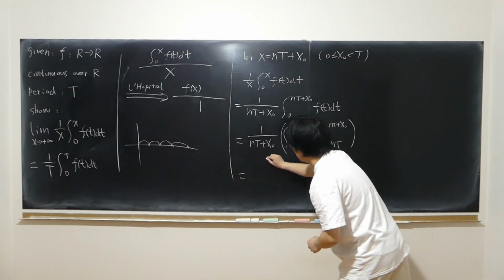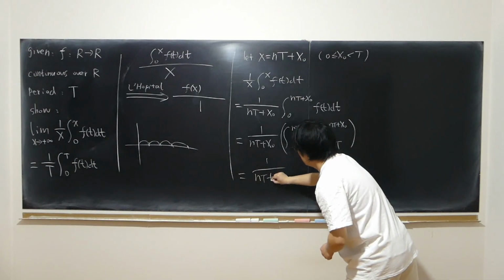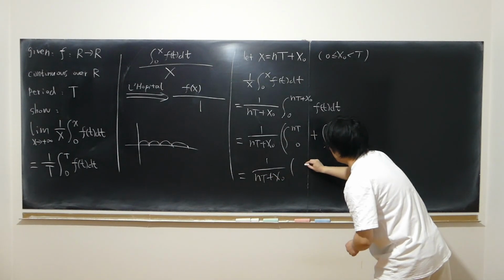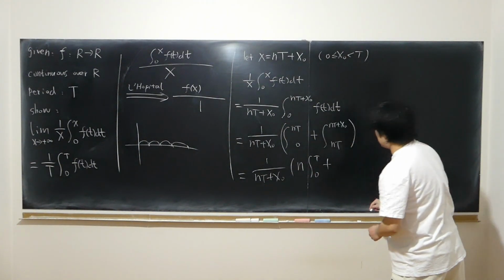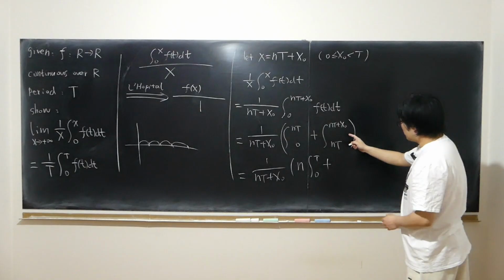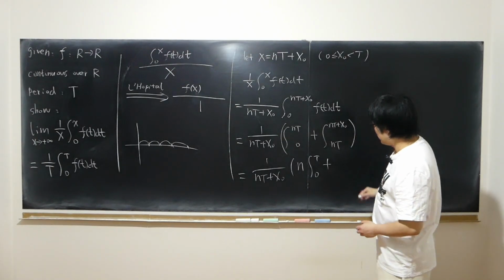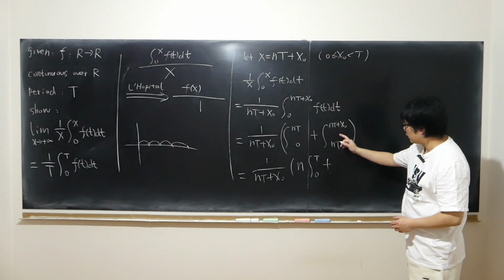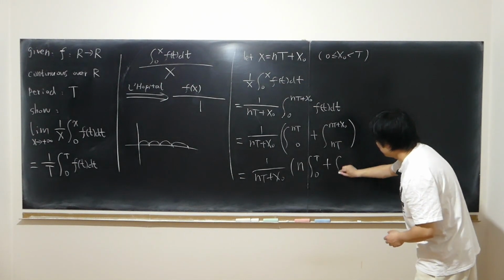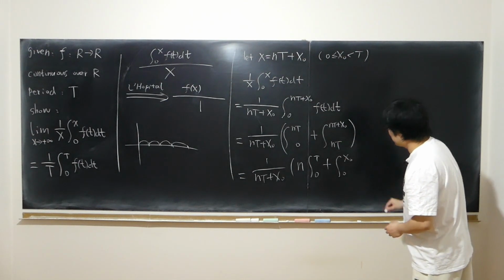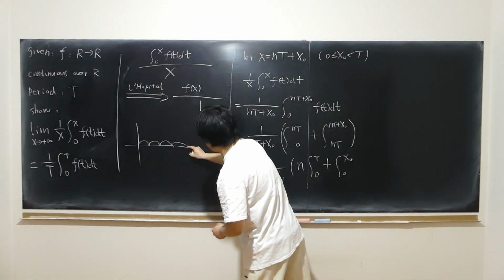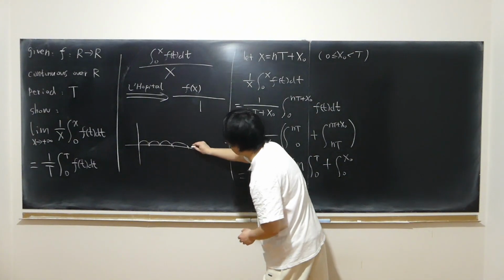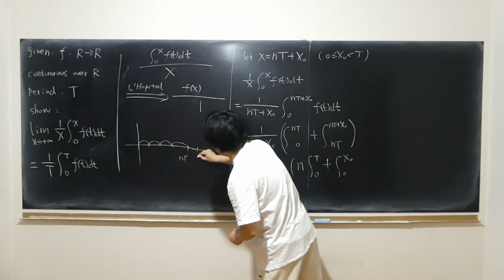So you have n times the integral from 0 to T, plus this integral. Since this function is periodic, all you have to do is work out the integral from 0 to x naught. It's the same thing. For example, here is nT, and here this point is nT plus x naught.